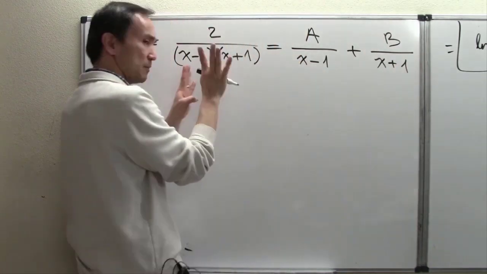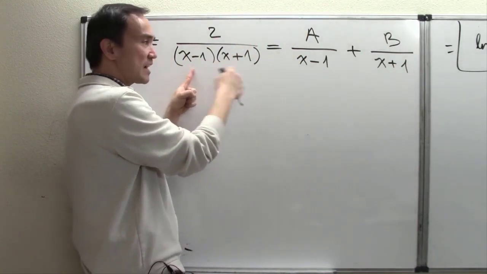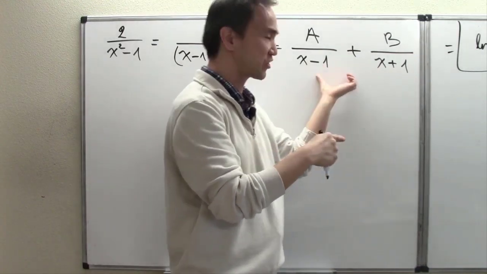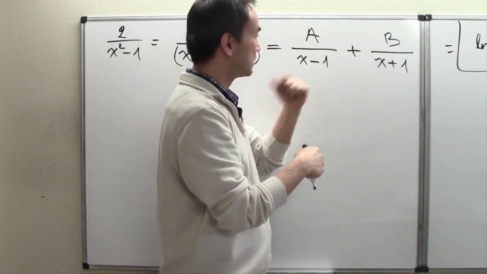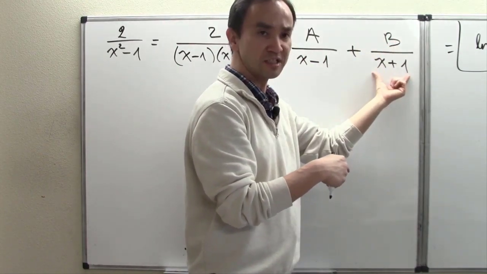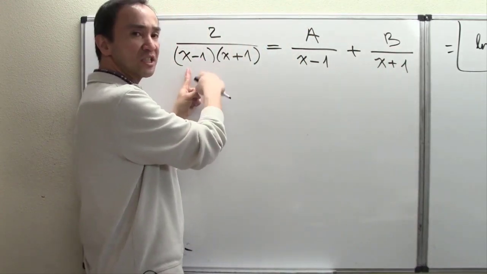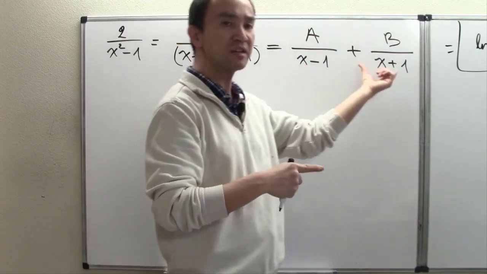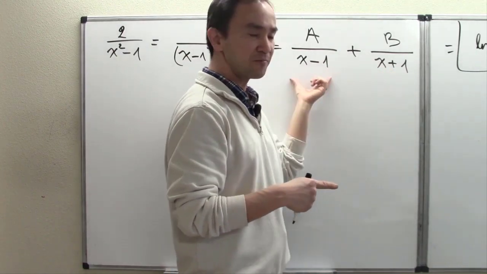The point is, each one of your distinct linear factors will become a partial fraction in the form of a coefficient over just that distinct linear factor. So here, since we had only two distinct linear factors, we will definitely end up with two distinct partial fractions.